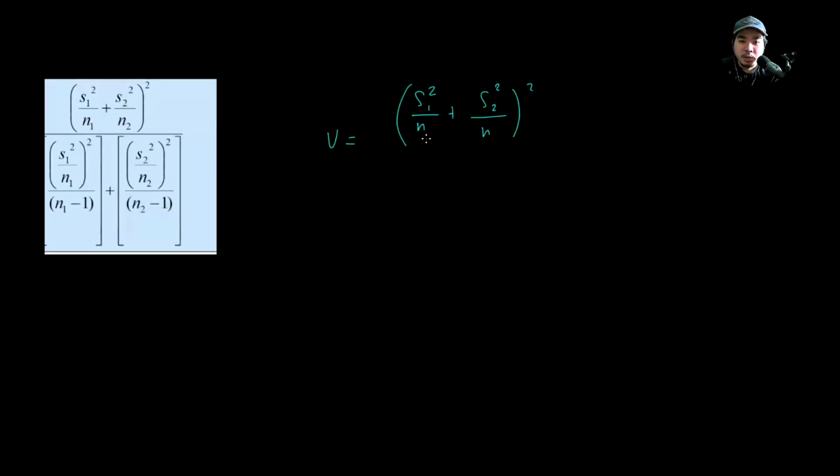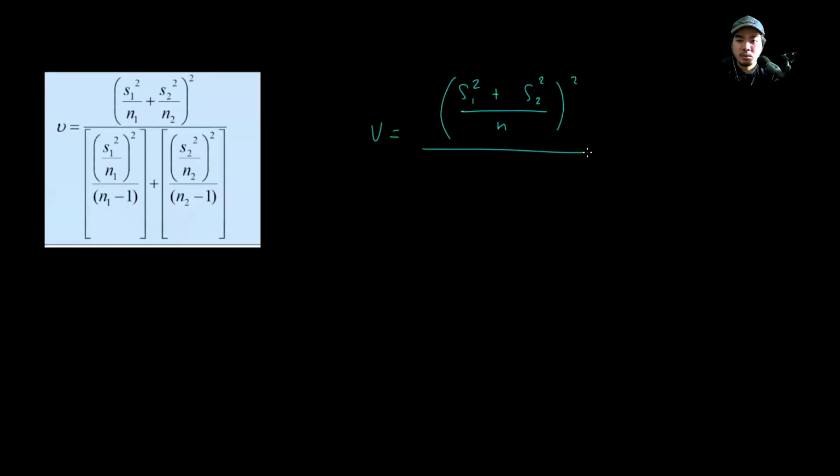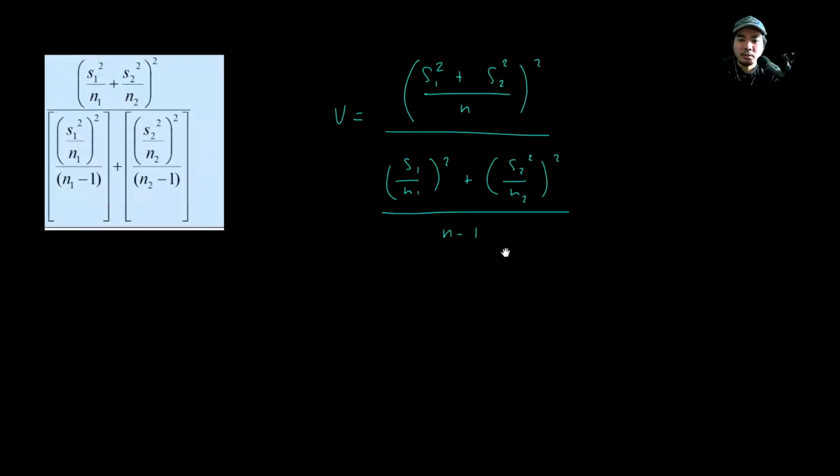So pwede na siya mag-fall under 1 over N, tapos over S1 squared over N1 squared plus S2 squared over N2 squared divided by N minus 1.